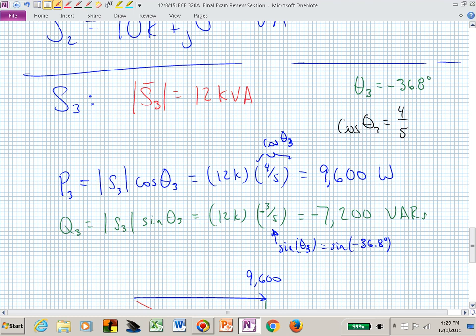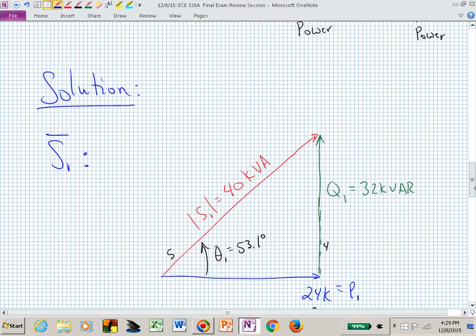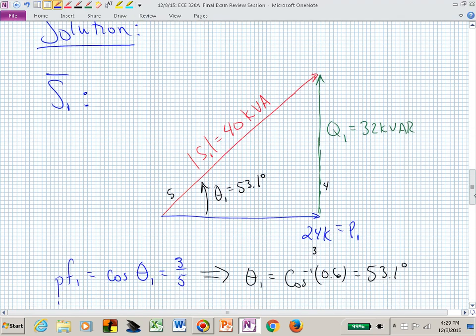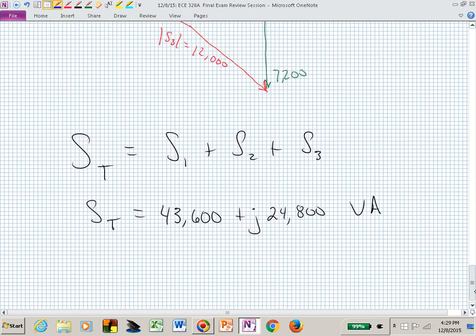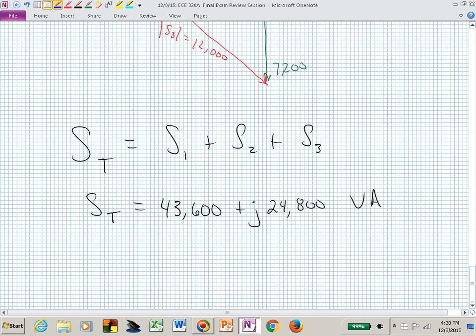And that's directed down then in our triangle. And now we subtract 7,200 from load 1, which was 32,000, and that better give us 24,800. We add all of the P's.